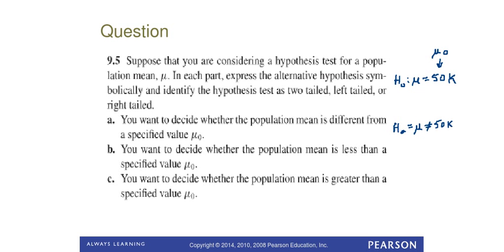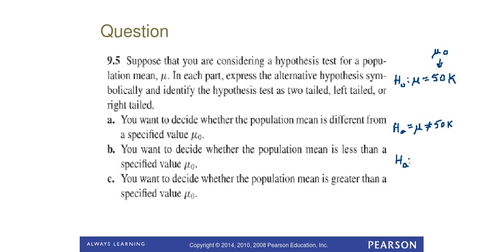Now, let's say that somebody's arguing from the standpoint of we need more welfare services in the city, and so we're trying to prove that the mayor's claim is not only incorrect, but the actual mean is less than the claim of $50,000, right? That might be the political context.